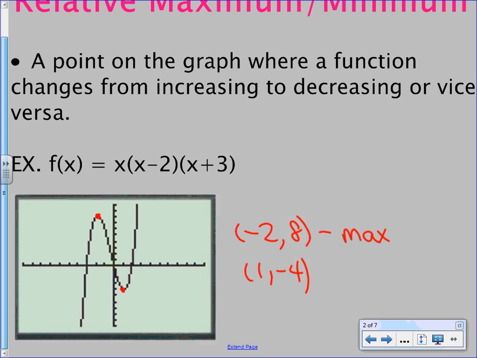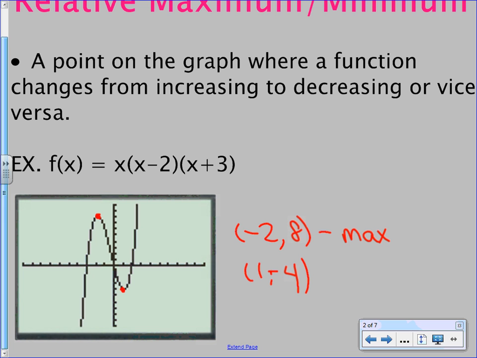Sure about the negative 4? Well, to be accurate, what could we do if we can't quite tell in the graph? We can plug it into our function, right? This would be 1 times 1 minus 2 times 1 plus 3. Negative 4. It is negative 4?